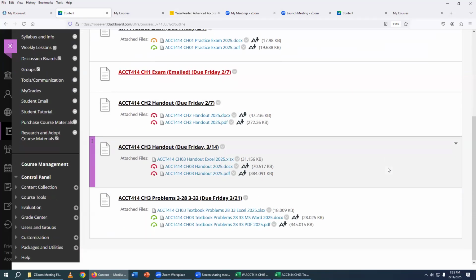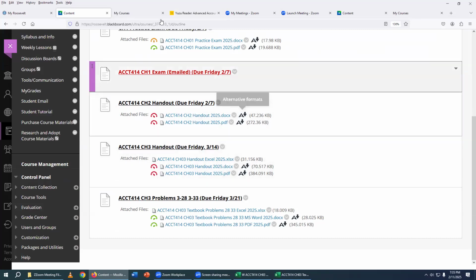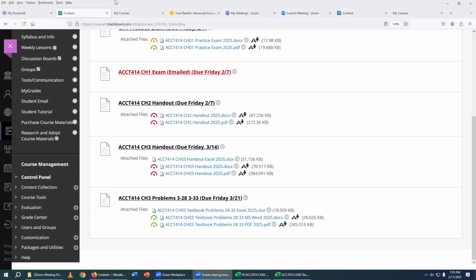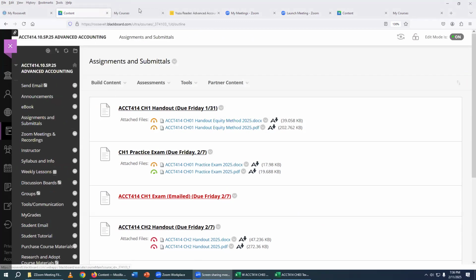Okay, so we can turn in the chapter 3 handout and the chapter 3 textbook problems. So what we'll do next week is, I've got to make a decision, actually. The decision is whether we do chapter 4. If we do chapter 4, we probably won't be able to do the currency exchange.